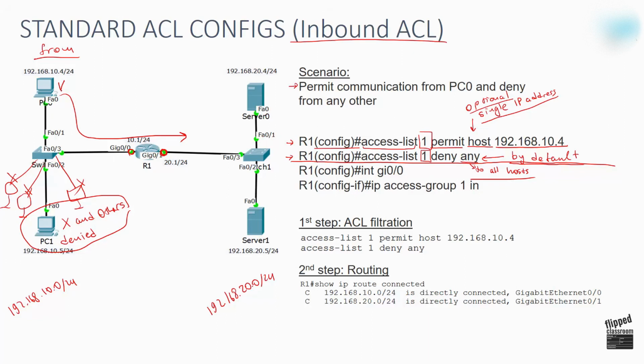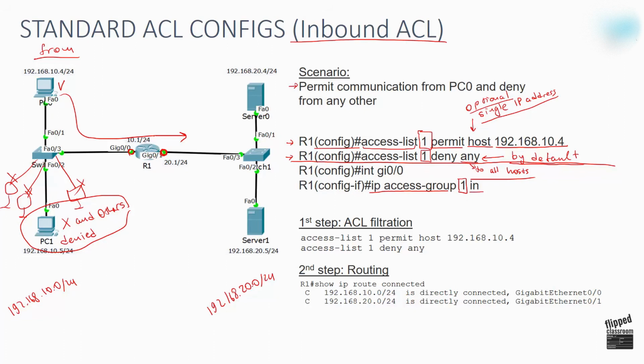situation, because traffic is coming from this side, and when traffic enters the router, the first thing it will make is filtration by access list. And that is why you're writing here ip access-group, and this number is the same number as your access list ID. So it's defining the access control list ID, and then you are defining in.